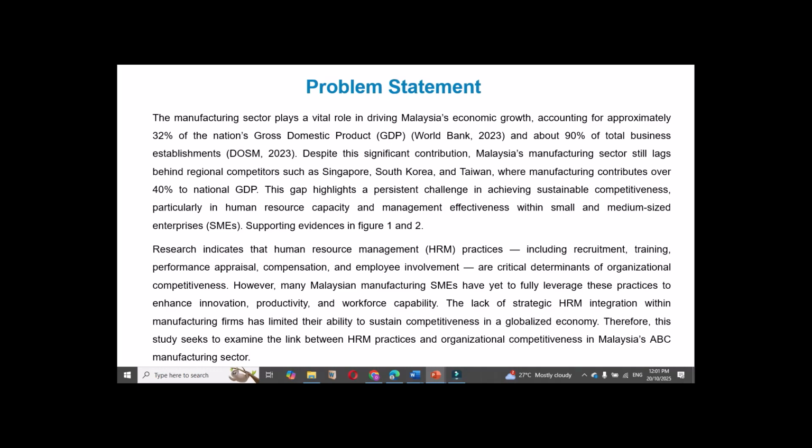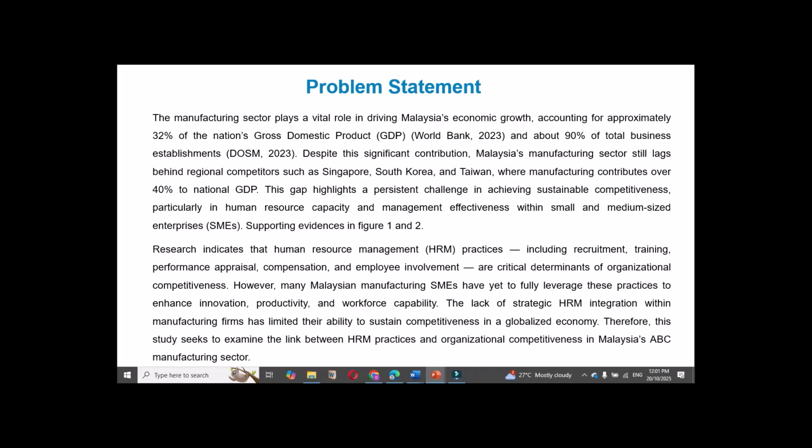Let's start by saying the manufacturing sector plays a vital role in driving Malaysia's economic growth, accounting for approximately 32% of the nation's gross domestic product, according to the World Bank, and about 90% of total business establishments. This is by DOSM 2023.